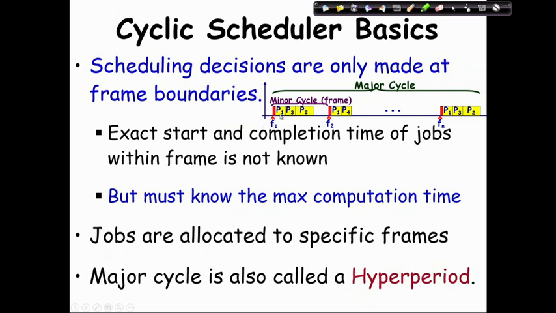Each time there is an interrupt from the periodic timer, the cyclic scheduler is activated, it starts running and then consults the schedule table, finds the next task to run, and then after it completes, it may idle for some time until the next interrupt from the periodic timer comes.